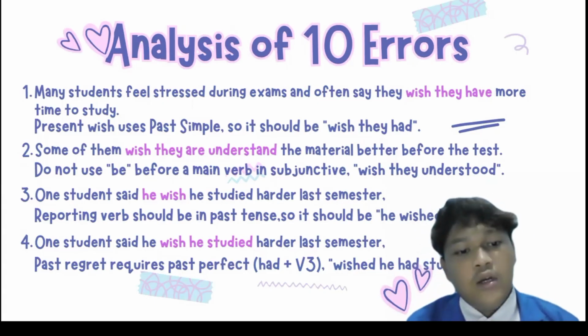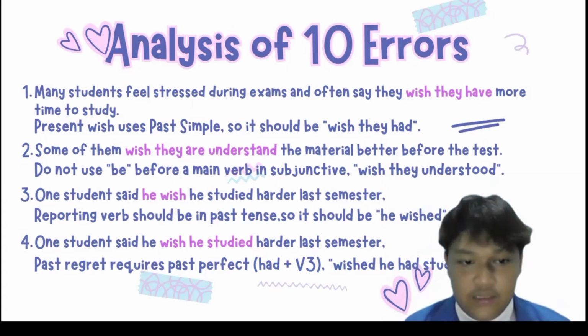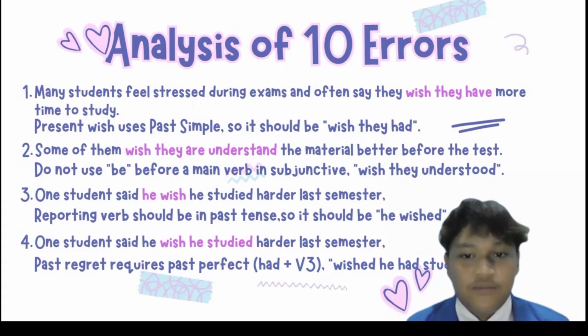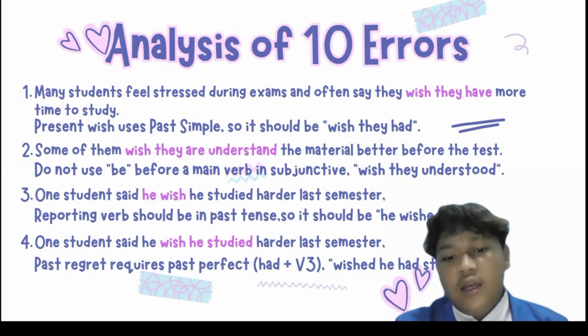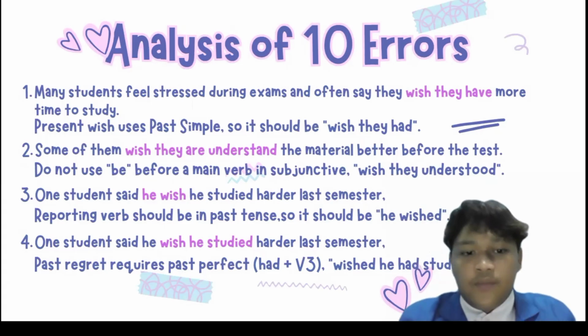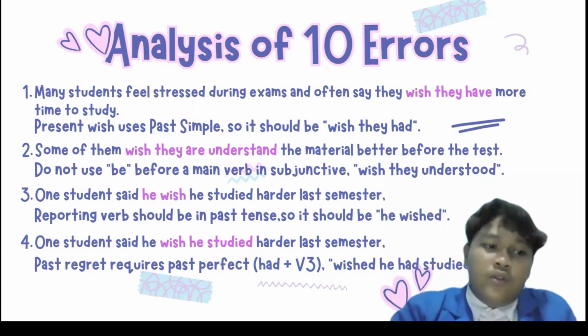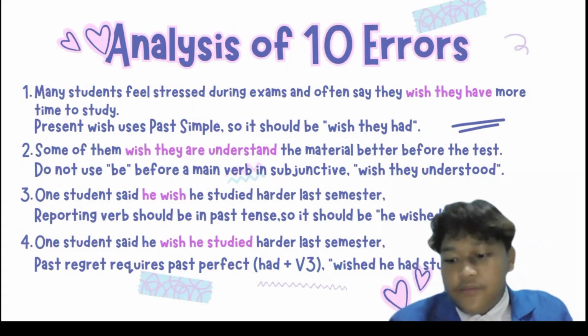And four: the same sentence. Past regret requires past perfect, had plus past participle, which is "he had studied." So it should be: one student said he wished he had studied harder last semester.